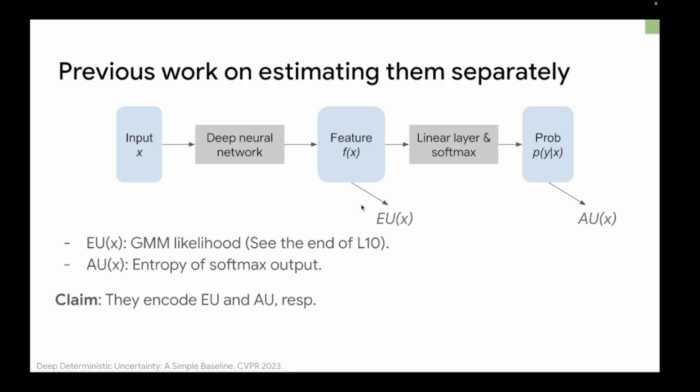This is exactly the paper that we talked about in lecture 10. So they do that here. And then they also put a linear layer and softmax on top to get the probability vector for different classes. The paper says that value, you can trust it as the aleatoric uncertainty. And then you can probably measure the entropy of the softmax output here.